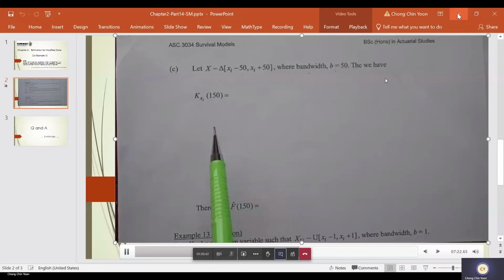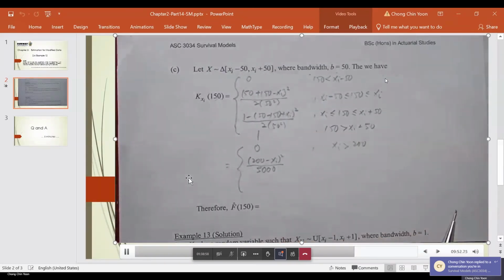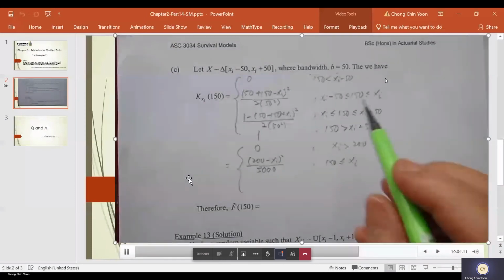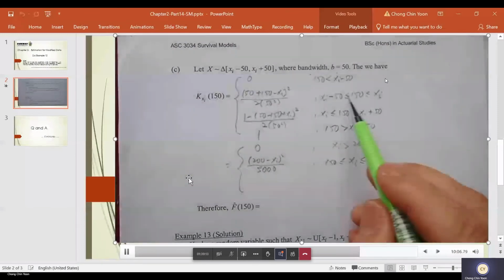This equals 200 minus xi, squared, divided by 5,000, when xi is greater than 150 and less than or equal to 200.